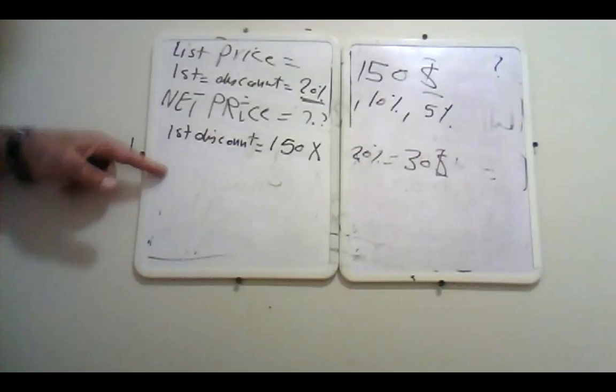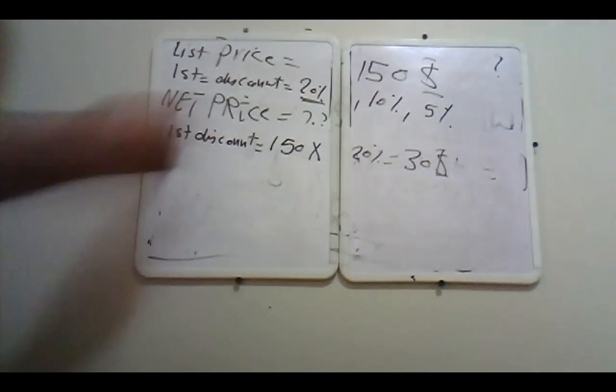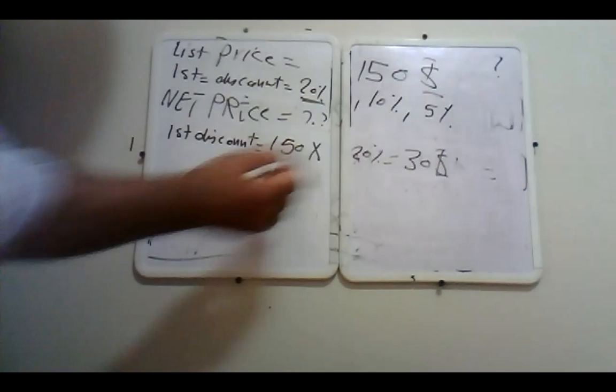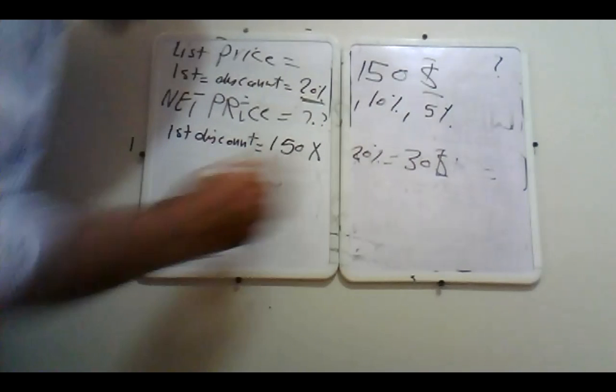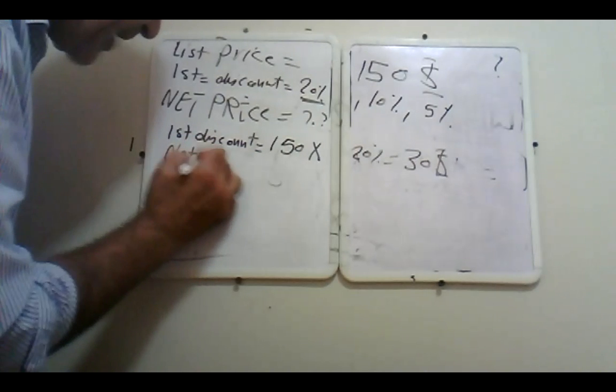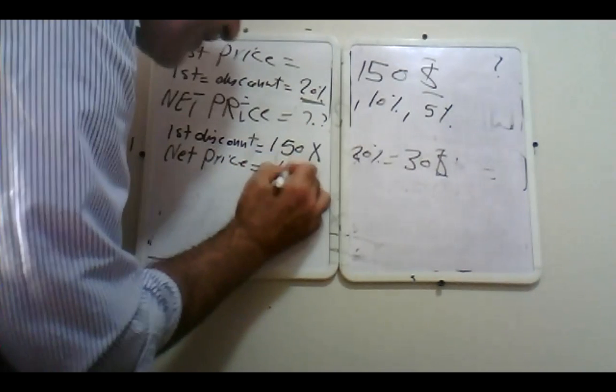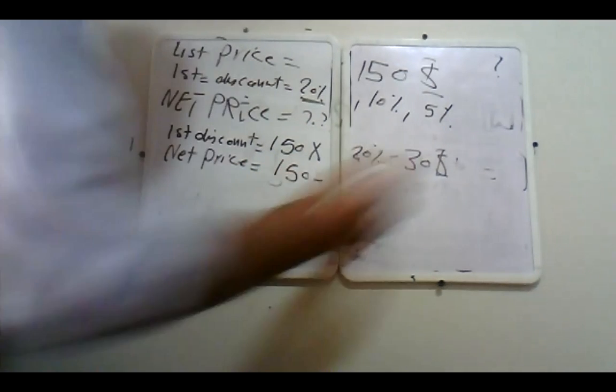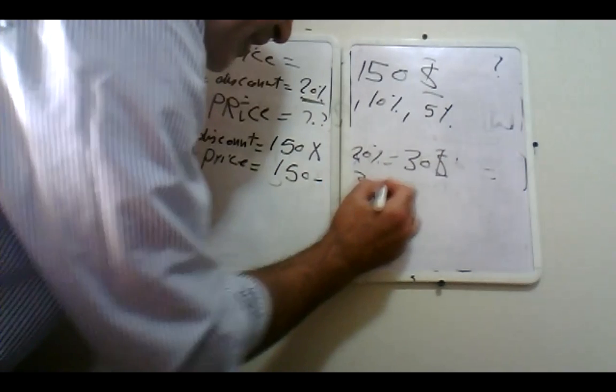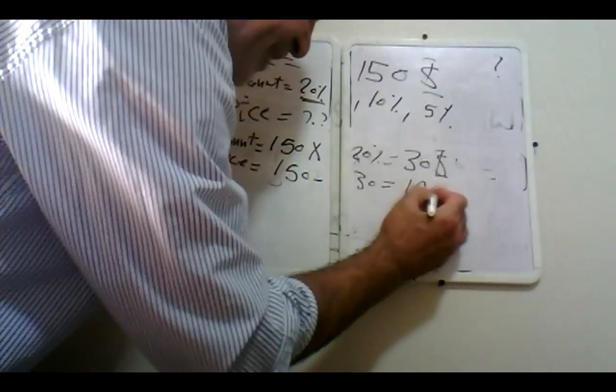So the first discount is $30. The net price after the first discount will be $150 minus $30, which is $120.